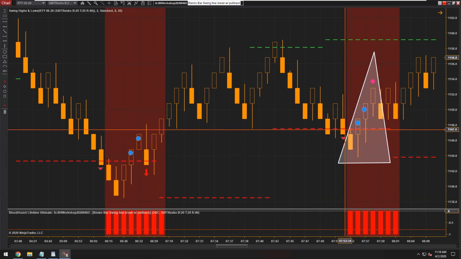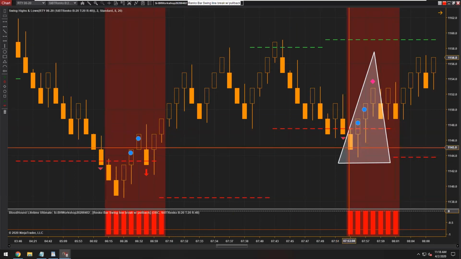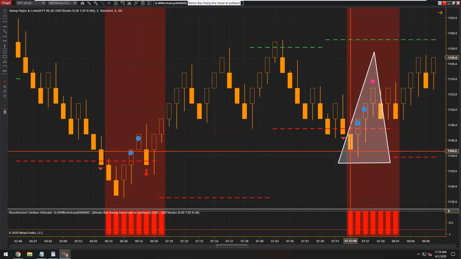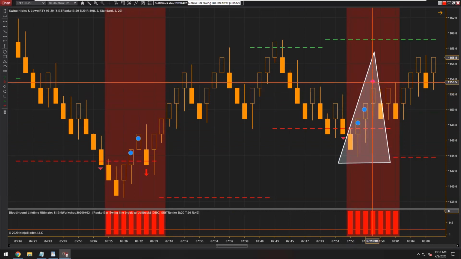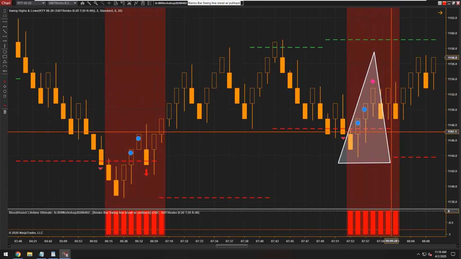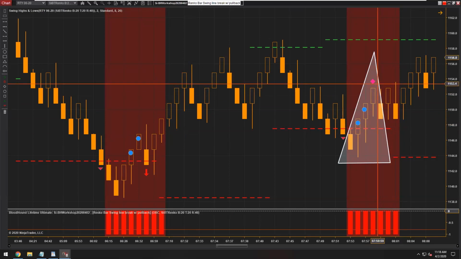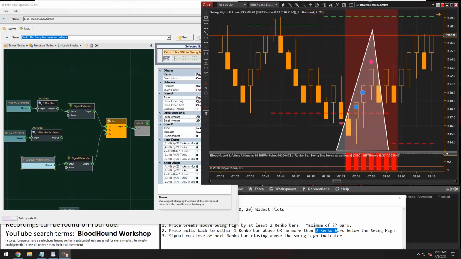There's our crossover that starts the process. We get 2 bars, everything's good so far. And then we get a 1 bar pullback, 2 bar pullback, and then the 3rd bar needs to basically cancel or turn off the outputs here, right? So there.